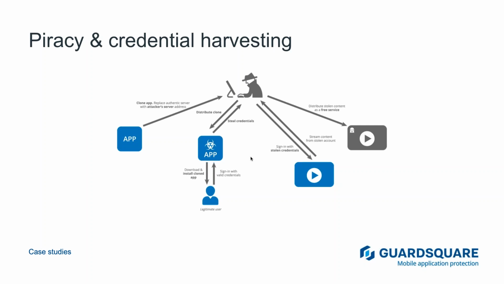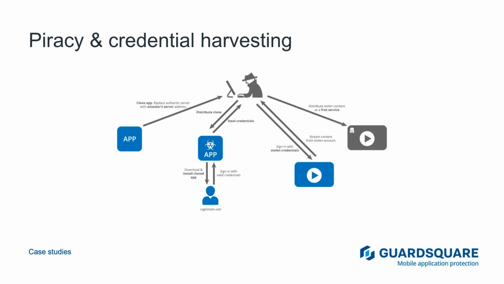So a malicious user can also be interested in harvesting credentials from users. For example, if you have a video streaming service, it would be really nice for the attacker if he could clone the app and change it in such a way that when a user logs into the video streaming service, his credentials will actually be sent to the attacker instead of logging in like it would normally do.